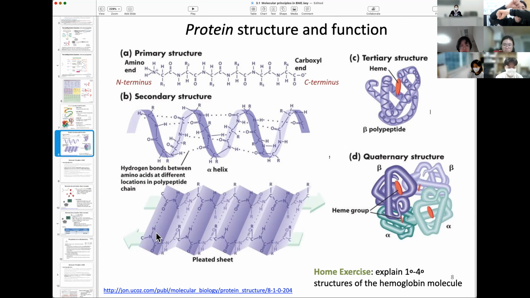This makes a nice pleated sheet structure. These two are called secondary structure. Once you make this combination, you have a tertiary structure which can hold, in this case, one heme molecule, but in the quaternary structure, a full hemoglobin molecule has these 4 subunits connected together, and they can hold 4 heme molecules.